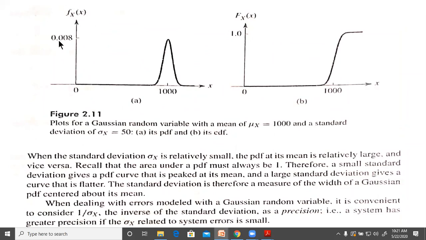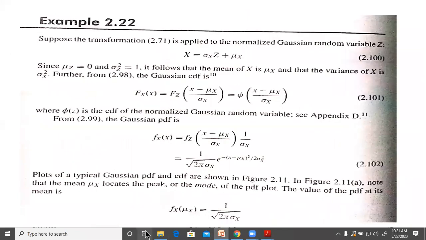This is the PDF and this is the CDF. At the mean, the value of the PDF, f x of mu x, will be equal to 1 by root of 2 pi sigma x, which just corresponds to this value.